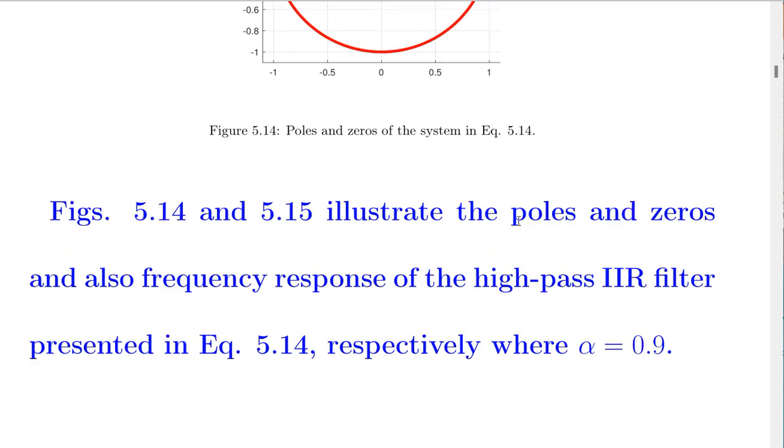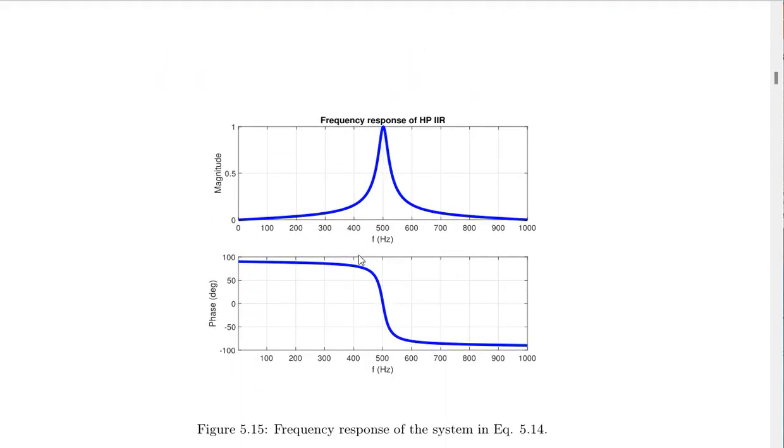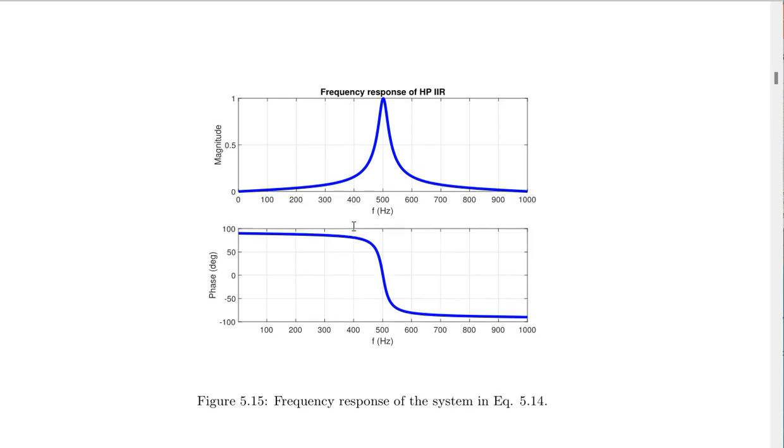This figure and the next one illustrate the poles and zeros and also frequency response of the high-pass IIR filter presented in equation 5.14 respectively, where alpha is assumed to be 0.9. Here you see the idea of high-pass filter. Low frequencies cannot pass, so it's a high-pass filter, here starting from half fs.